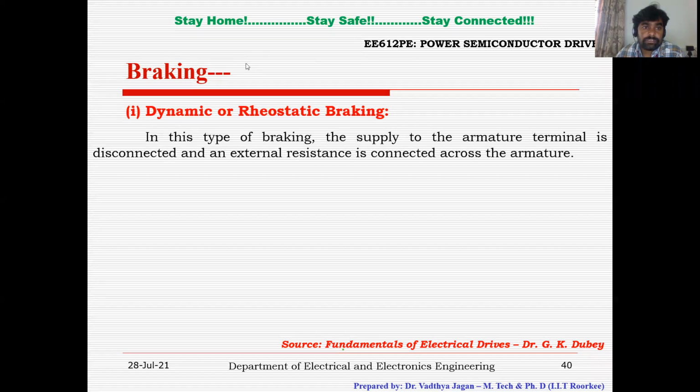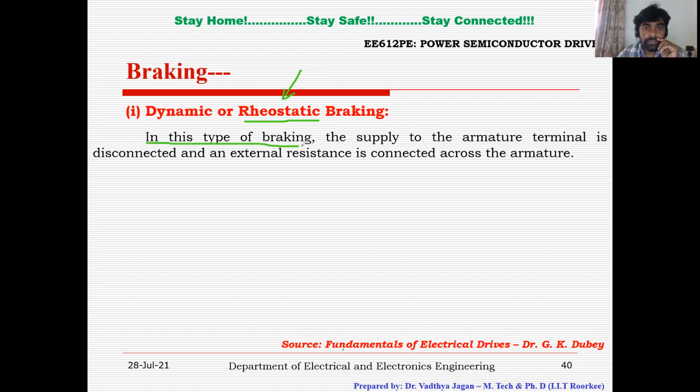First we'll discuss dynamic braking, or rheostatic braking. The name itself suggests that the power is wasted in the rheostat. The kinetic energy stored in the armature of a DC machine is wasted in the external resistance. That is what is called dynamic braking.